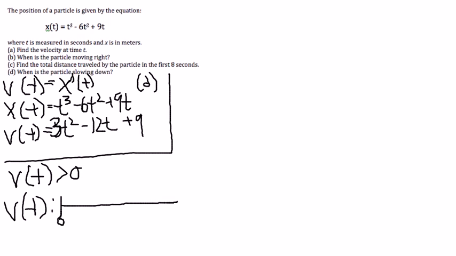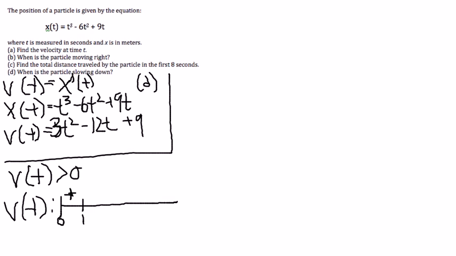And if you look at your number line, you'd see that from 0 to 1 second, the value is positive. Even though it's decreasing from 9 to 0, if the y value is greater than 0, it still means that it's moving right.